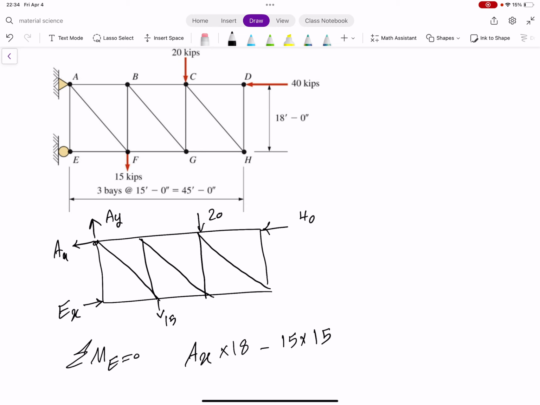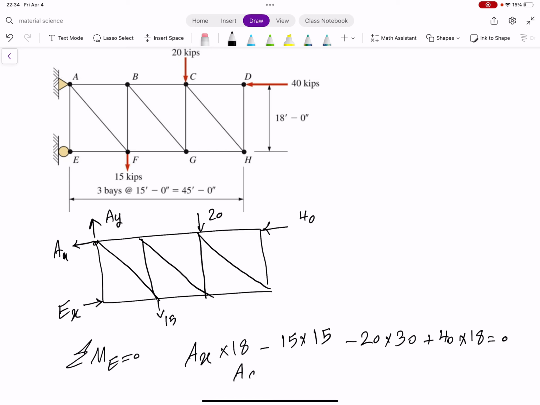What else? We have 20 kips. 20 kips is 30 feet away from point E, and 20 times 30. How about the 40 kips horizontal force? That's making counterclockwise, so positive 40 times 18 feet, equals 0.